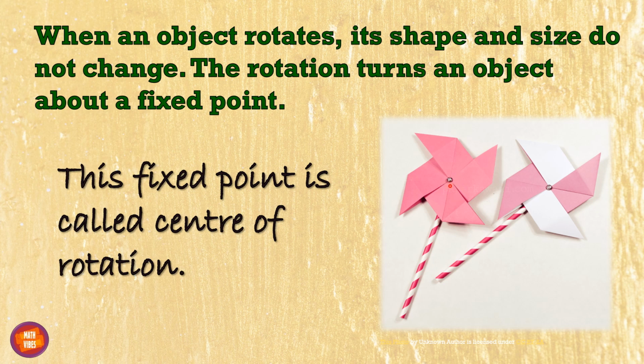So this point which is fixed over here is called the center of rotation. हमने वीडियो के बिगनिंग में ही देखा था कि जब भी रोटेशन होती है it is always around a fixed point which is also called the vertex. Okay, the center or the vertex. In rotational symmetry, that fixed point will be called the center of rotation.